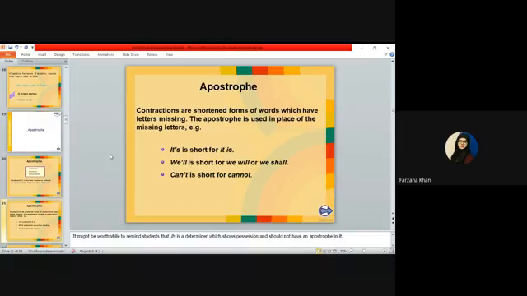First of all, it's very important to understand what contractions are. Contractions are basically the short version of the words.